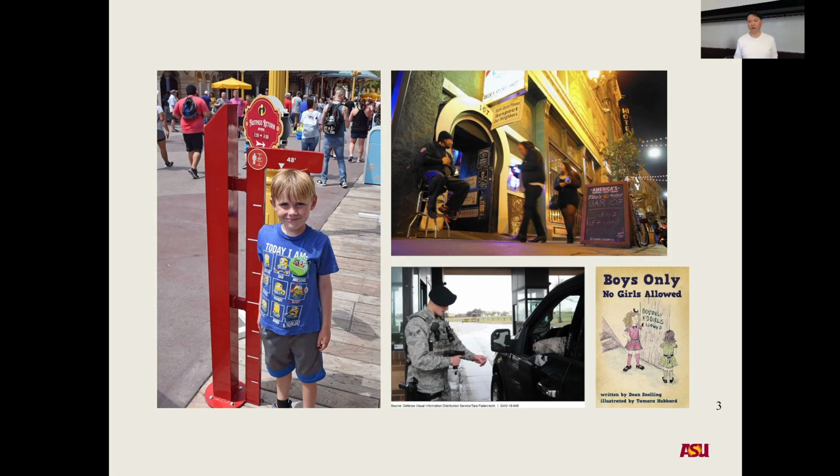How does access control work in the real world? Sometimes in a theme park, my son's height or weight may be a factor to evaluate access control, whether to allow him to enter or not. Do you like a club here?